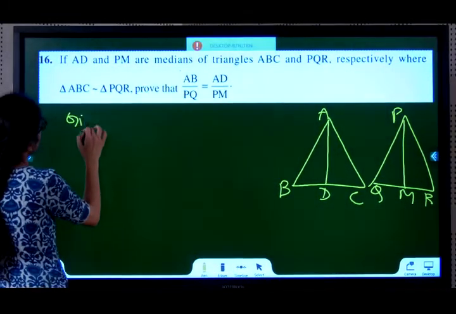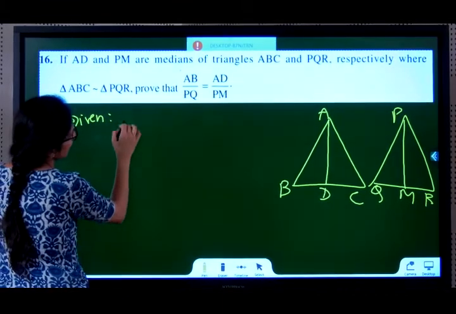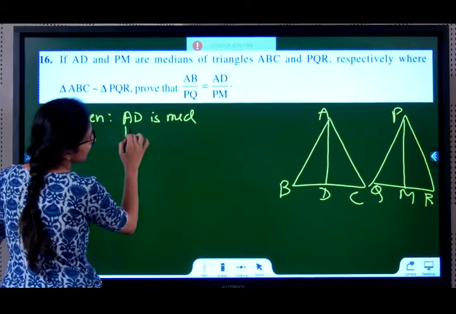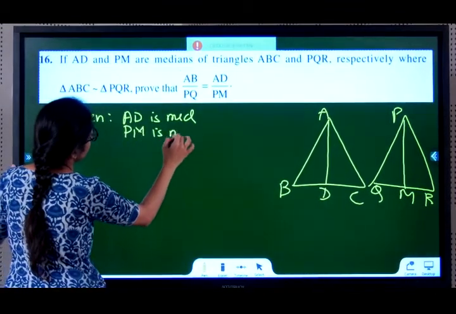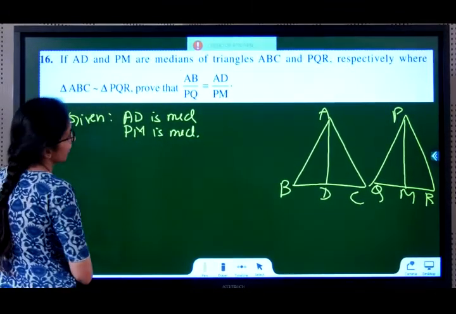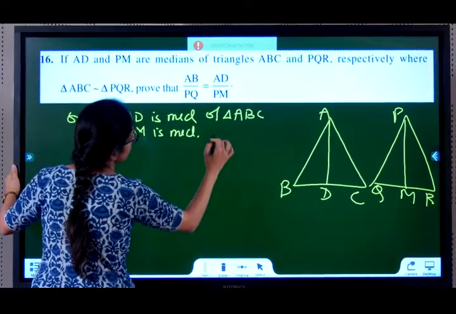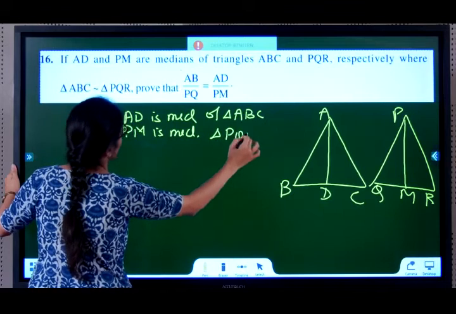So first of all, what is given? AD is the median, PM is the median. This is median of triangle ABC, this is median of triangle PQR.